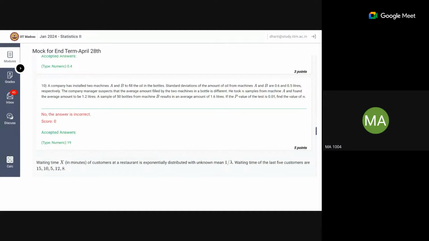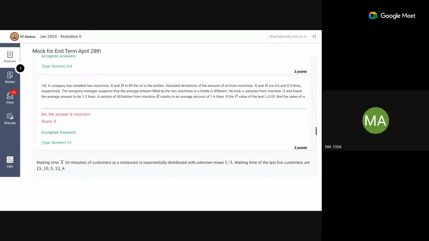So you have the number of samples for A and the mu A value. A sample of 50 bottles from machine B results in the average amount of 1.6. Mu B value is also given to us. If P value of the test is 0.01, find the value of N.